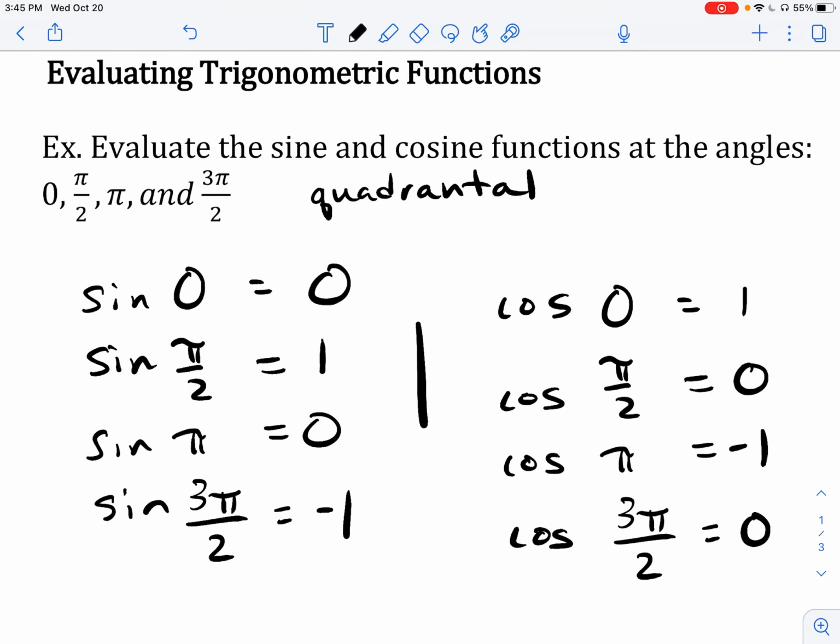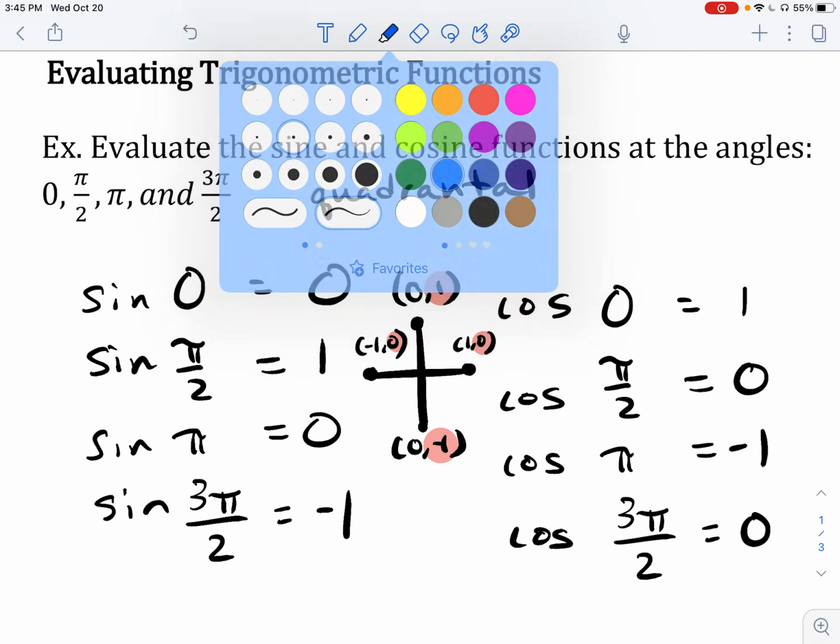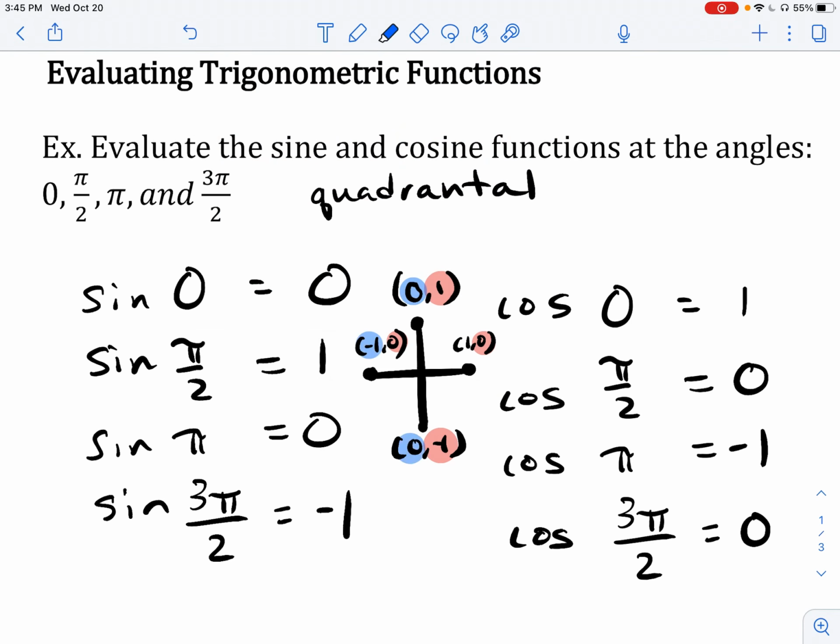All you need to be looking at are the x and y values at all of these quadrantal angles. We know this is 1, 0. This is 0, 1, negative 1, 0, and 0, negative 1. So as we go for the sines, we're just looking at all of the y's. As we go through the cosines, we're just looking at all of our x's.